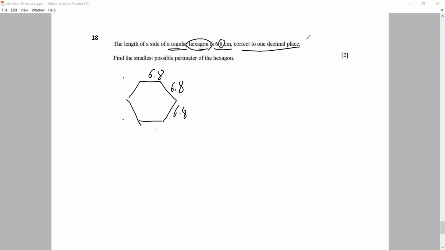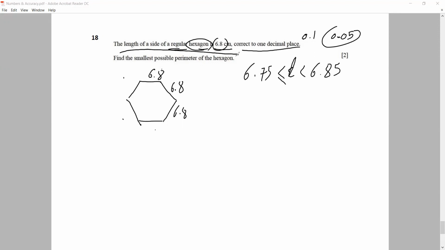So 1 decimal place means 0.1 divided by 2, you get 0.05. So you add and subtract 0.05 from 6.8. If L represents the sides, the lower bound is 6.75 and the upper bound is 6.85.